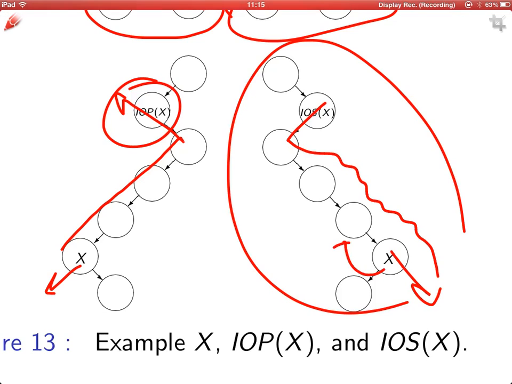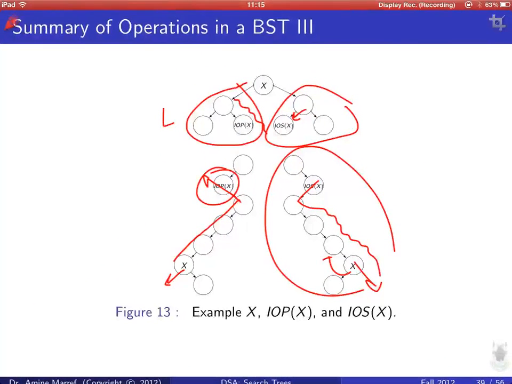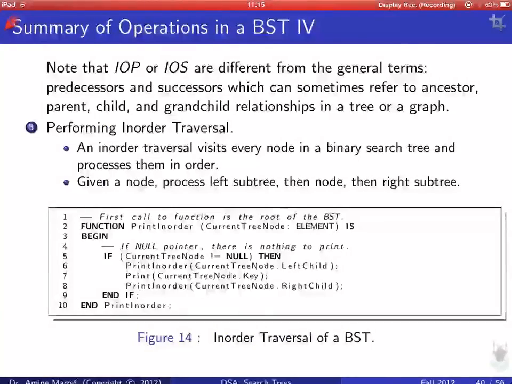So yes, we start with print in order right here, and it calls itself over the left subtree, and then prints here, and then calls itself over the right subtree. So 1, 2, 3.